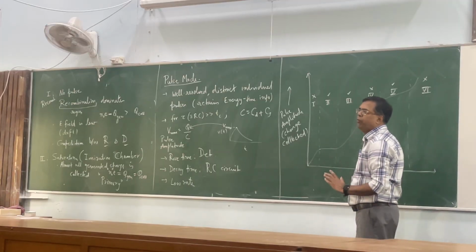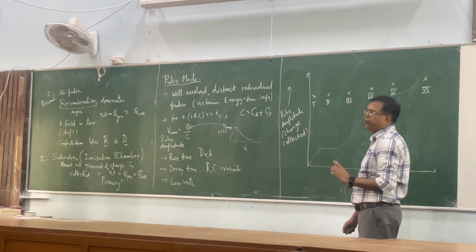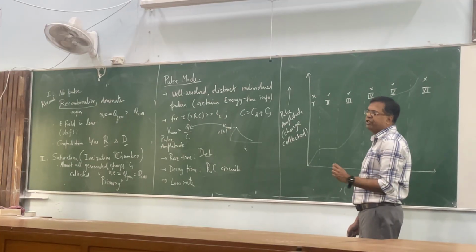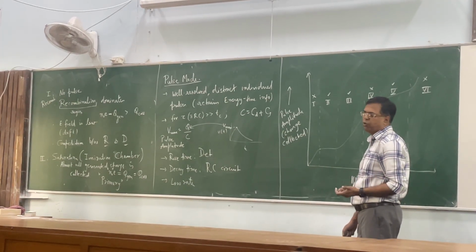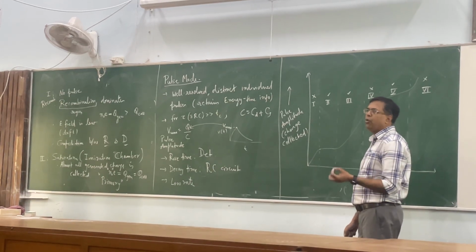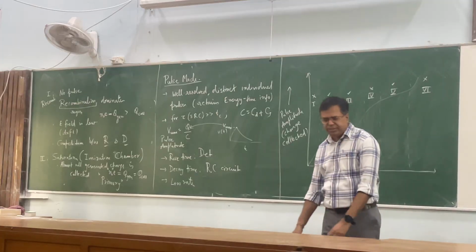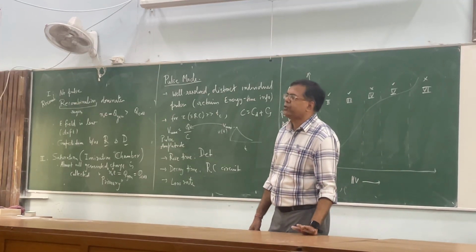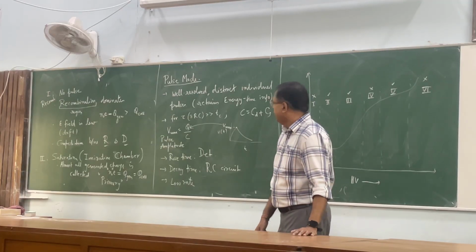Recombination becomes almost negligible, and the region is very useful for energy measurement, which is what we call spectroscopy. So region 2, which is the ionization chamber region, is what we use for our spectroscopic purposes.